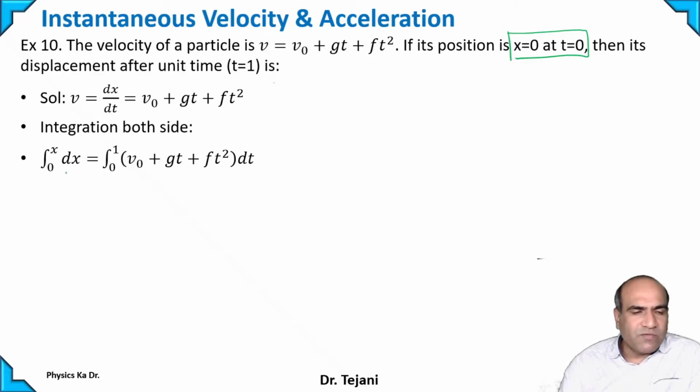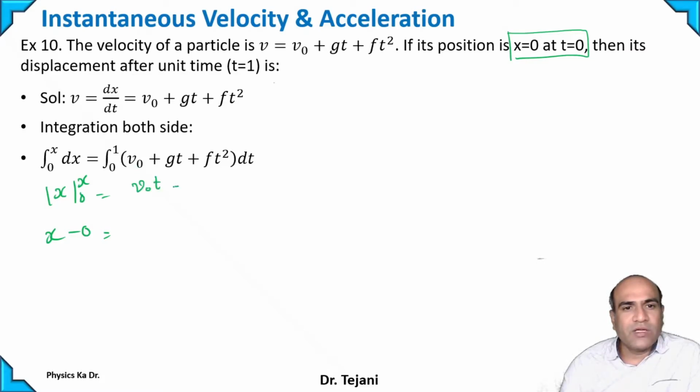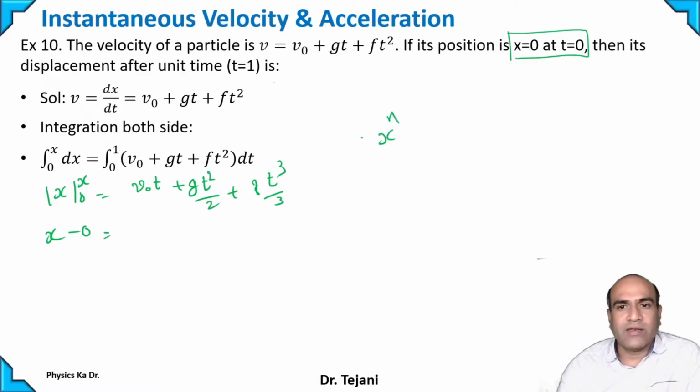Now, what is the value of dx? It becomes x from 0 to x, so x minus 0. And on the opposite side, v0 t plus gt square by 2 plus ft cube by 3. We know that for x power n, if you want to integrate, it becomes x power n plus 1 divided by n plus 1.